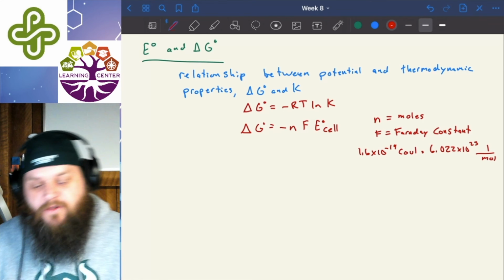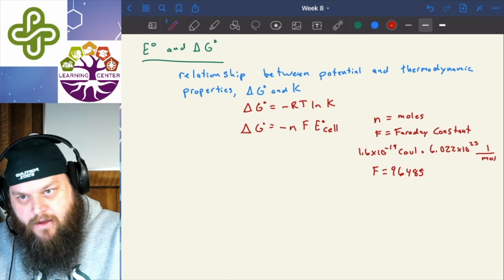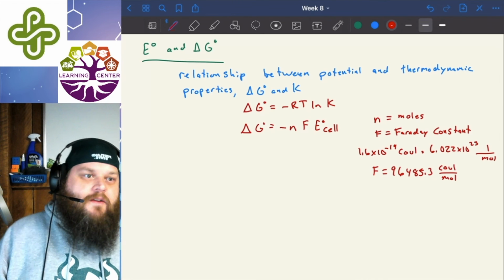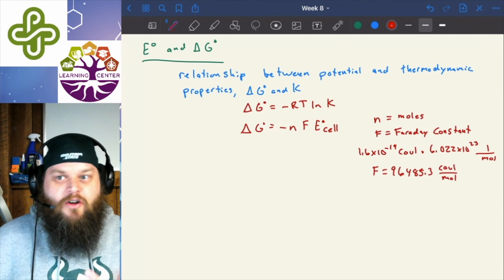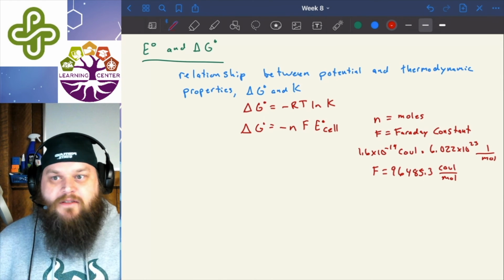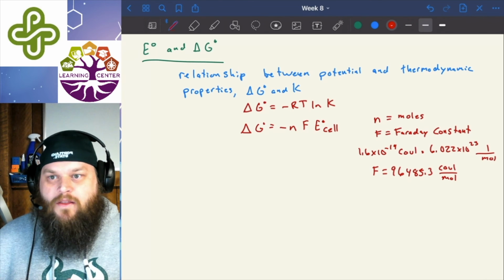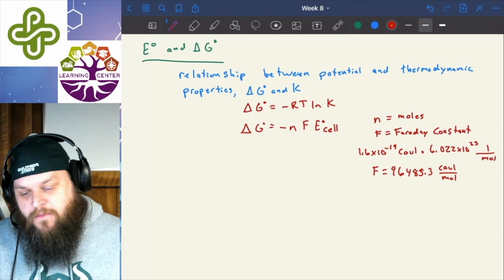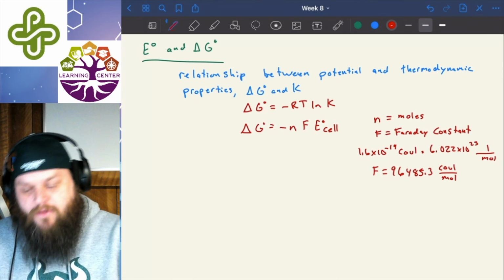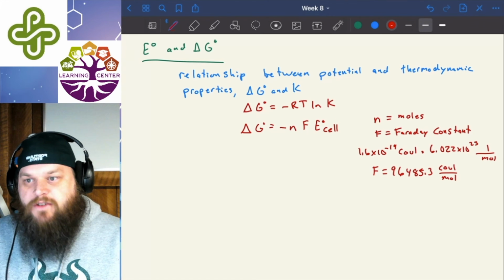So if you multiply those two together, you get the Faraday constant, which is 96485.3 coulombs per mole. It's just a constant value. Faraday lived before they found out the charge of the electron, so he just found that proportionality constant. And later on, other physicists broke it down and figured out what the charge of the electron was and the relationship with Avogadro's number. But we can use these values now to relate the electric cell potential to the change in the Gibbs free energy.